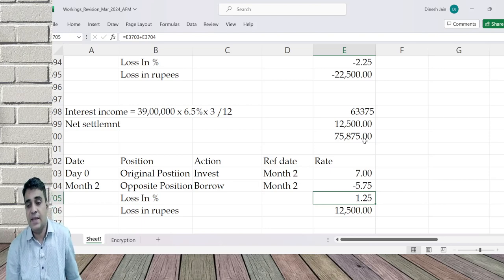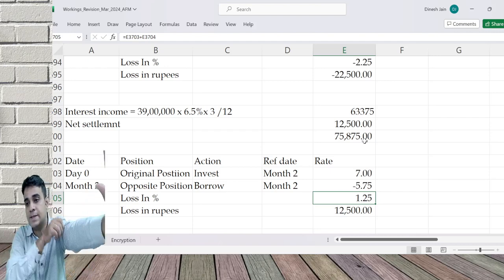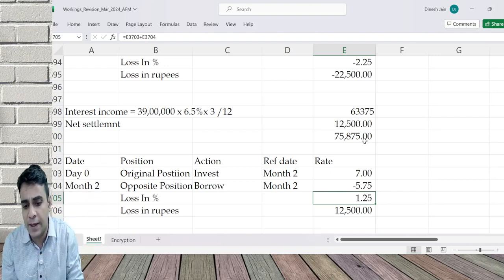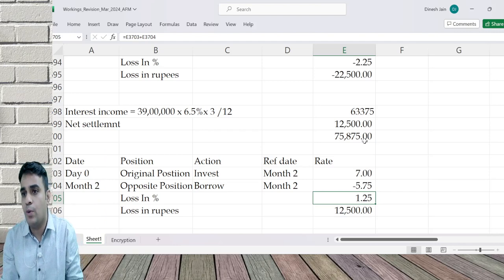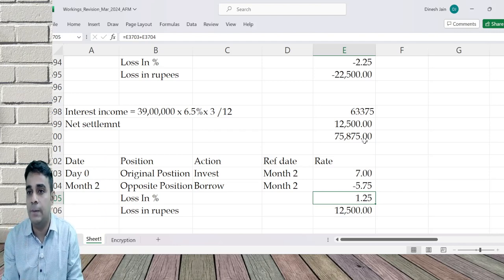We are receiving actual interest of 6.5% and getting a compensation of 12,500. Again, this is not good. I wanted exactly 68,250. More or less is a problem of that basis risk.